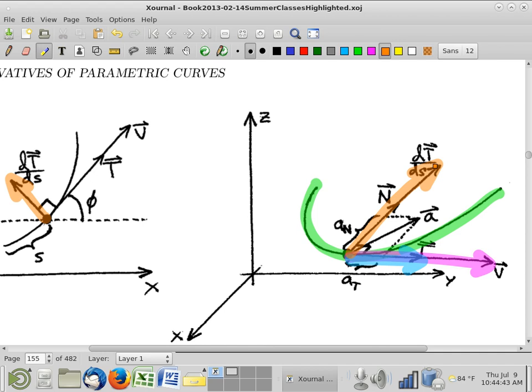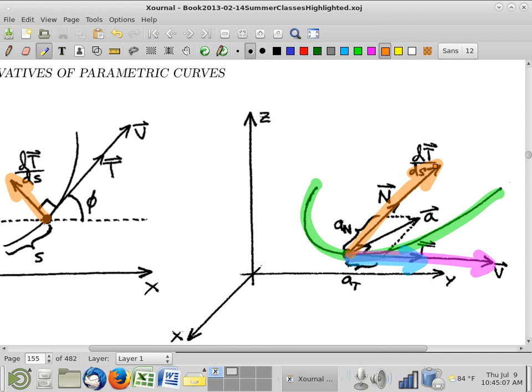I can still talk about this unit tangent vector. I can still ask, per unit distance traveled along this curve, what's the derivative of that unit tangent vector? And that's still naturally a vector. So curvature in the three-dimensional context is going to be defined as the magnitude of dT/ds.